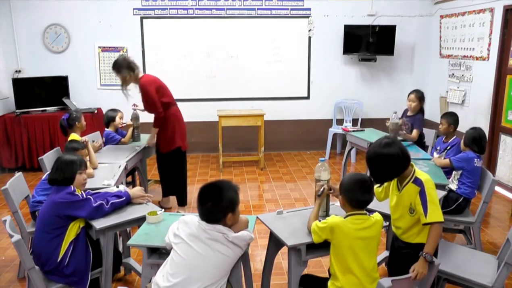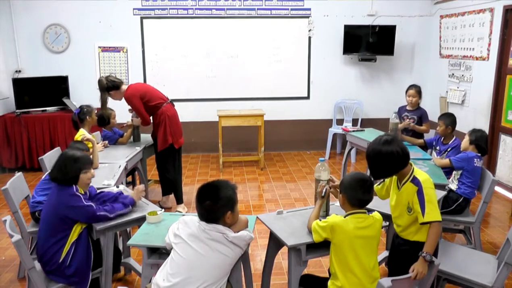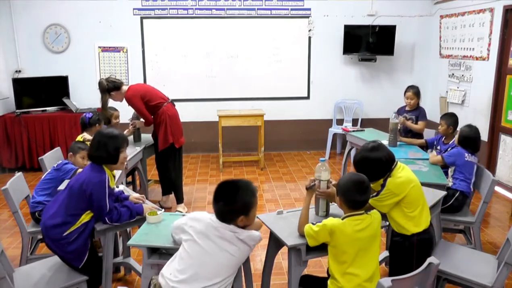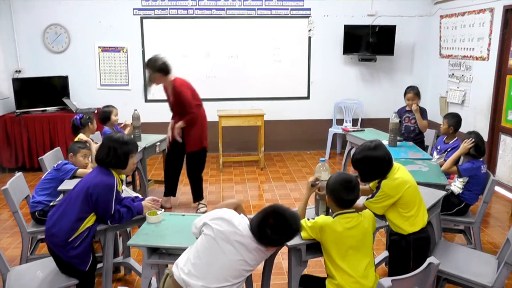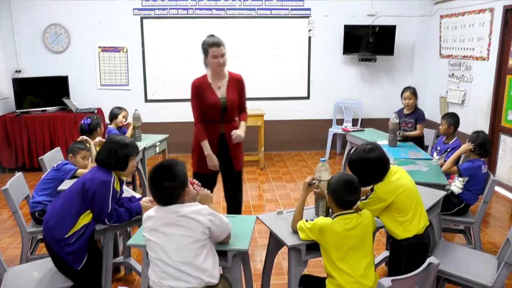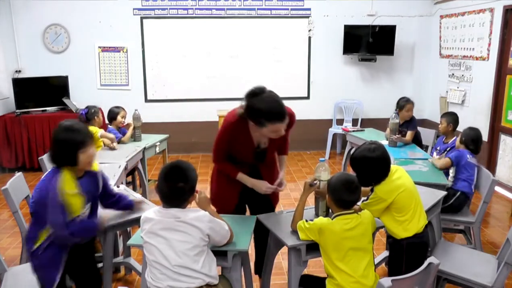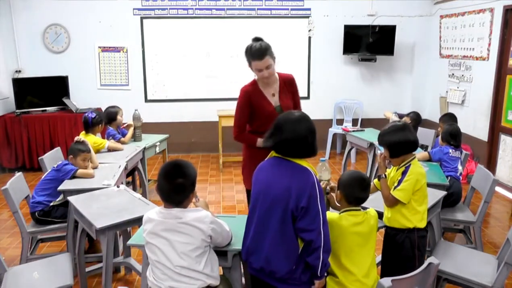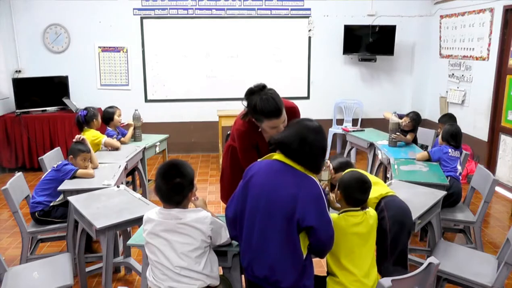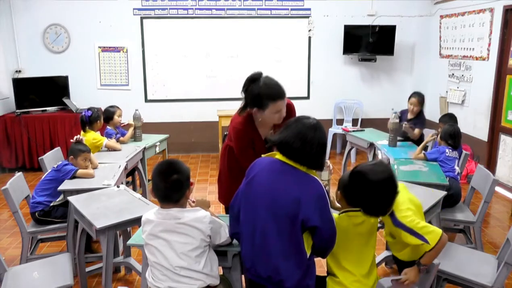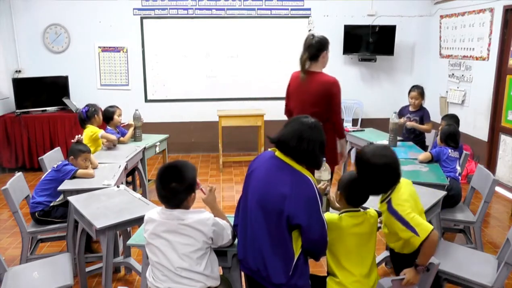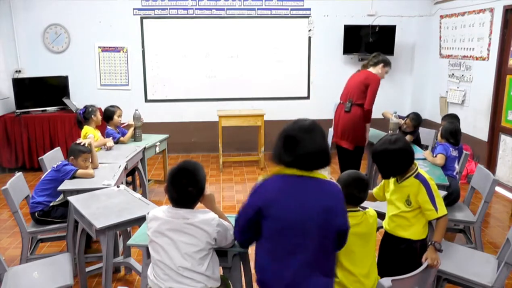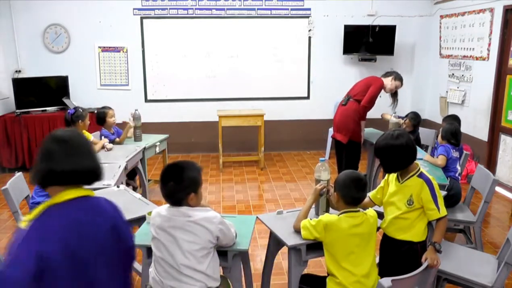Very nice. Then on your tape, here, you can write on the tape, because it's okay. If you write on the bottle, that's okay. Start on the tape. Got it? Yeah, just like that, all the way across. Good job.